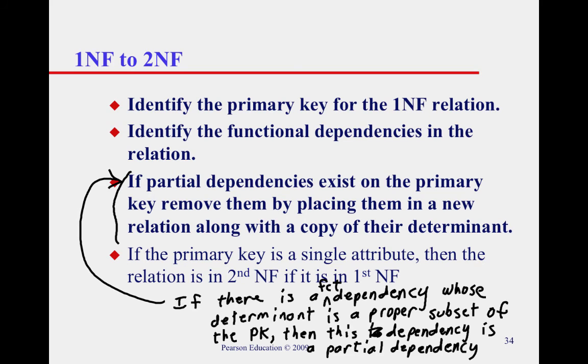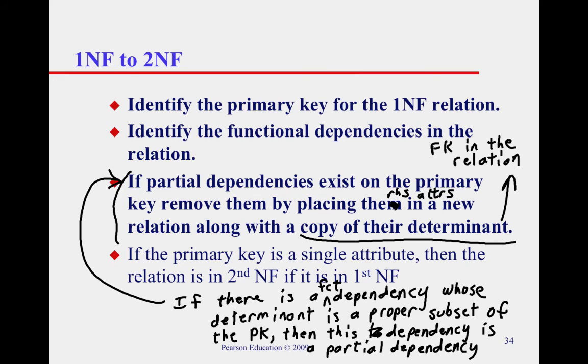What it really means is by placing the right-hand side attributes in a new relation along with a copy of their determinant. So the determinant becomes the foreign key. The copy of the determinant is the foreign key in the new relation. It's what allows us to join this new relation to get back the old relation.